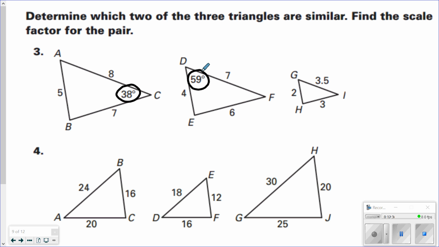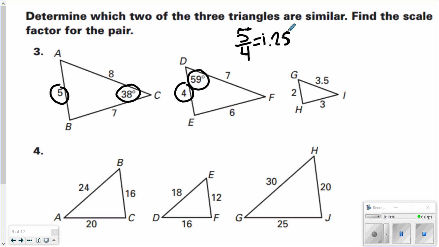So I need to focus on the sides and see, are the sides proportional at all? Let's start with the shortest sides of each, which is 5 and 4. So 5 divided by 4 is equal to 1.25.